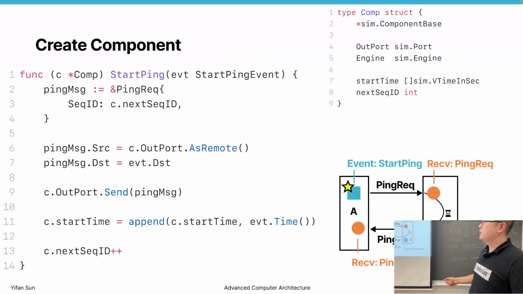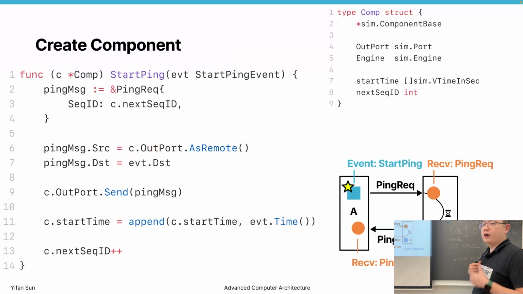And let's see how start ping works. Start ping takes an event, start ping event, then ping message, ping request, then sequence ID. We create a message, right? This is how we create a message. Then the ping message source is c.output as remote.